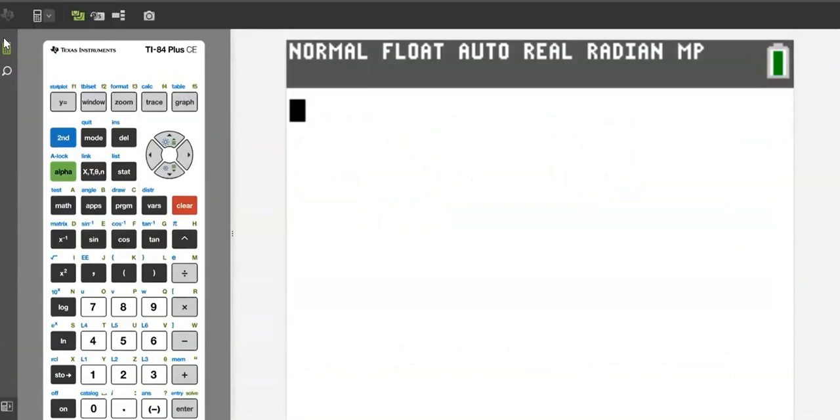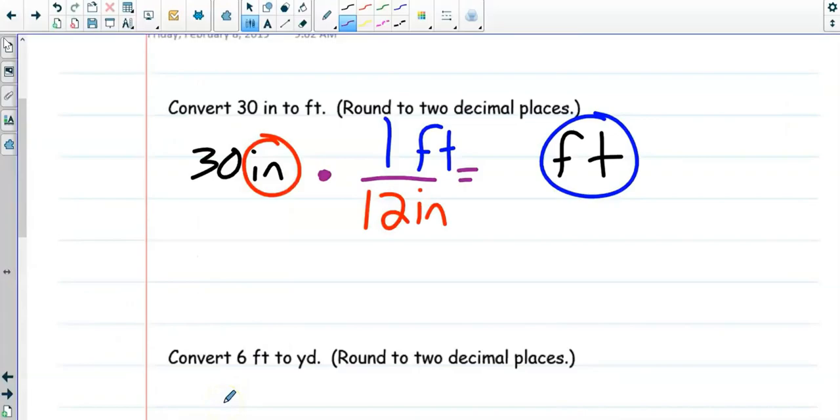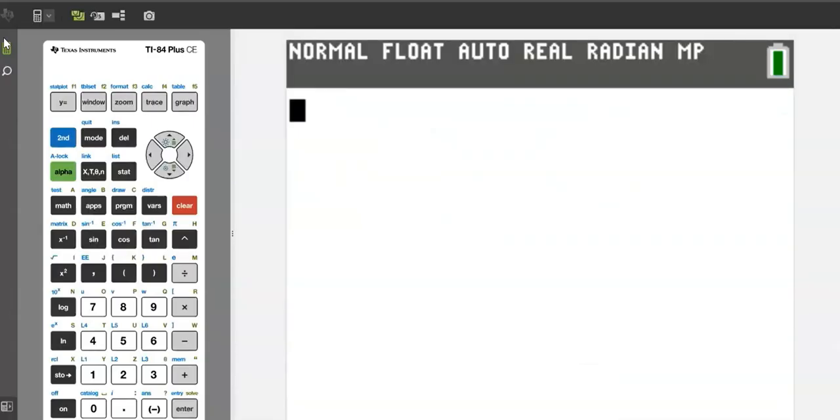We're taking 30, and we're going to multiply it by 1/12. 30 times, your fraction key is alpha y equals. Put in your fraction, 1/12. Hit enter. And there it is.